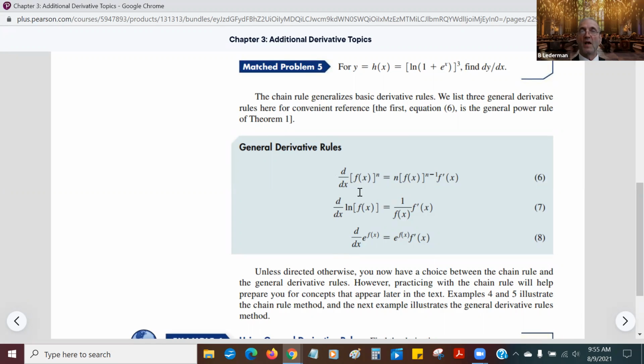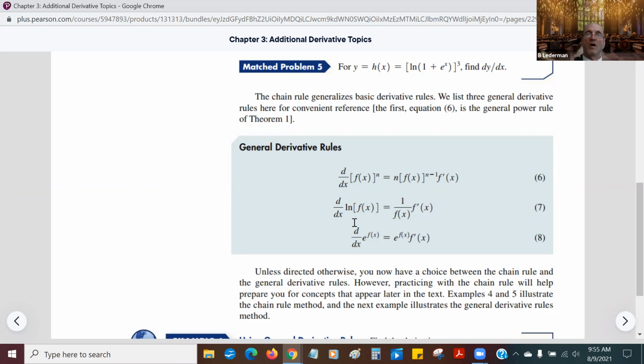Now this is interesting. This is just things that happen. If you have a function raised to the nth power, the derivative is going to be n times that function to the n minus 1 power times f prime, because this whole thing here is the outer derivative, and f prime of x is the inner derivative. I wouldn't even teach these as rules. They're just things you observe when you do this.